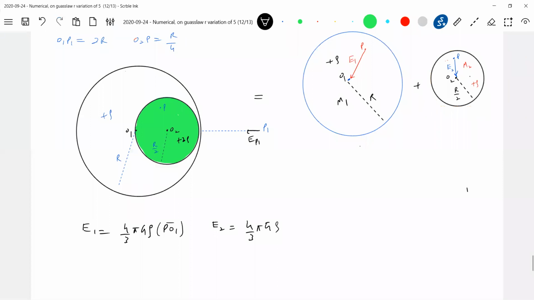What is now we should write this as PO2 bar. But sir, you wrote O2P if it were cavity, but it's having a density plus rho. Okay, let's take the vector sum.